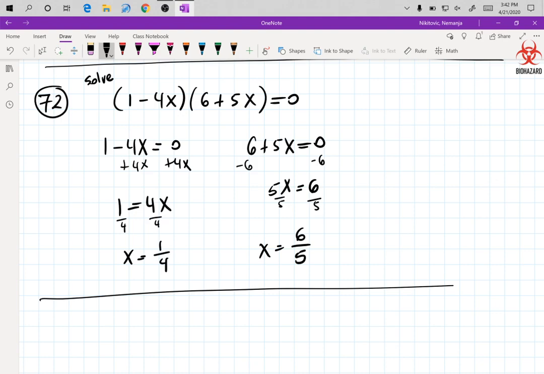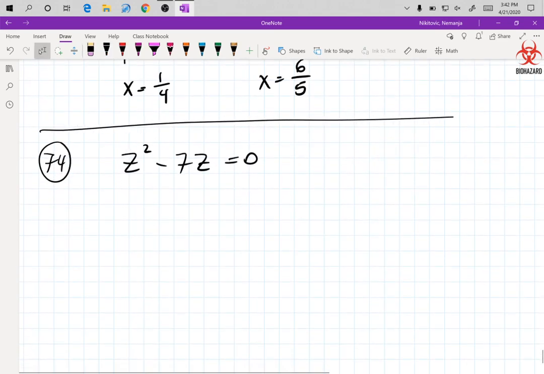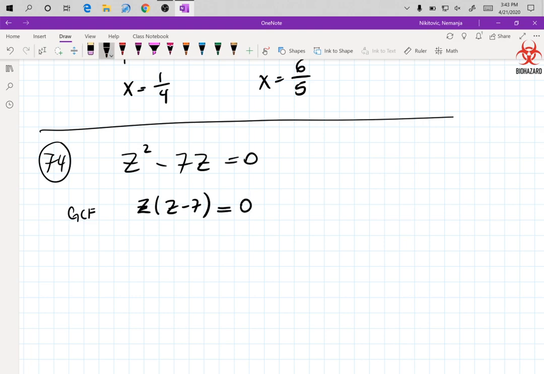Problem 74 is one where you have to do work. I'm not sure if I already did this one before. I might have. So I'm going to use the GCF, pull z out, and have z minus 7 as a leftover, equal to 0.